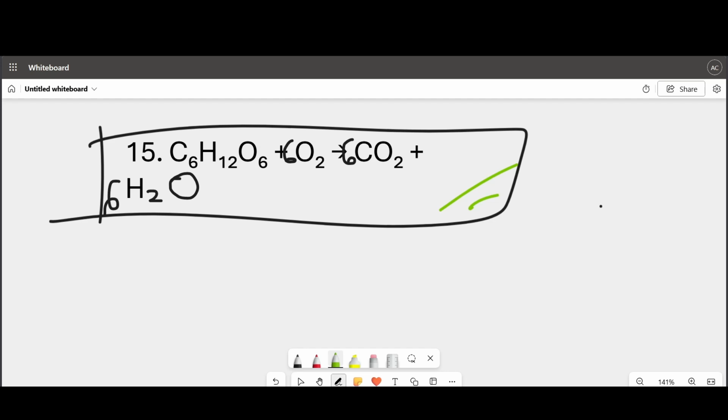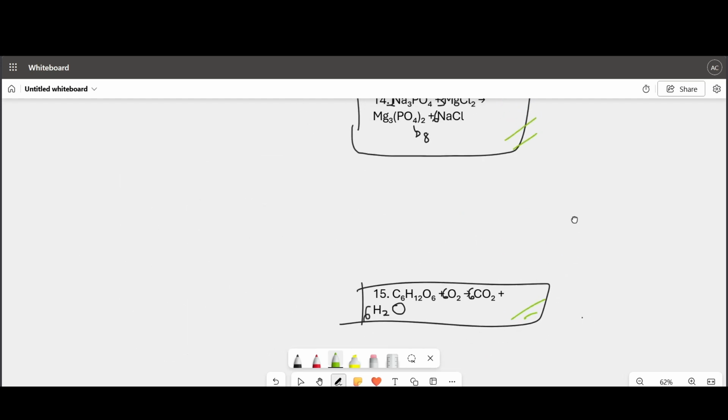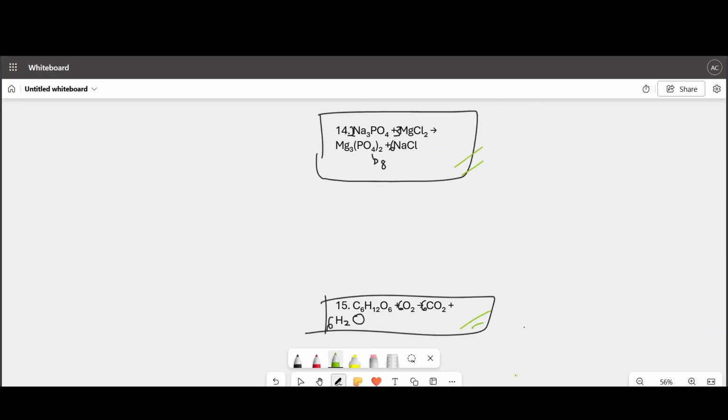So how should we balance this? What number should we balance this to? It's going to be 6 here. No. Let me just remove that.